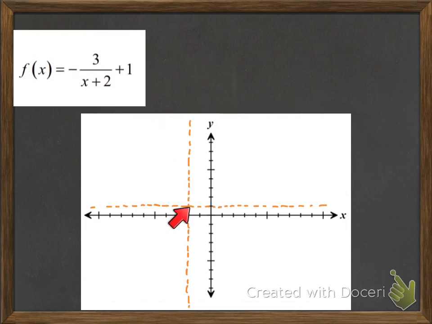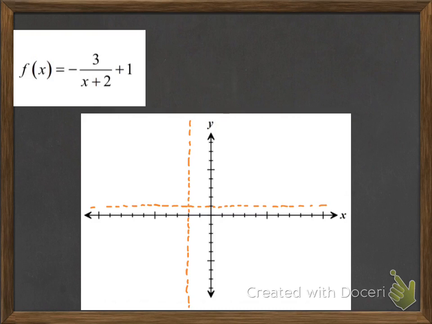So once again, from the intersection of the asymptotes, I can go over 1 and up 3 instead of over 1 and up 1. I can also go over 3 and up 1. That will give me 2 points on the graph.